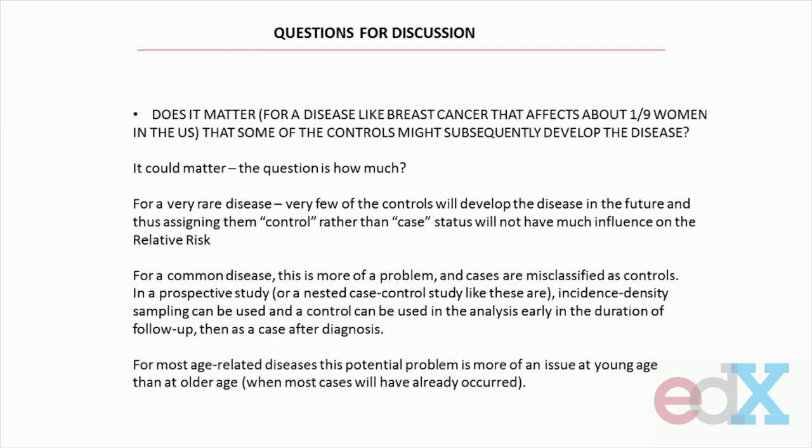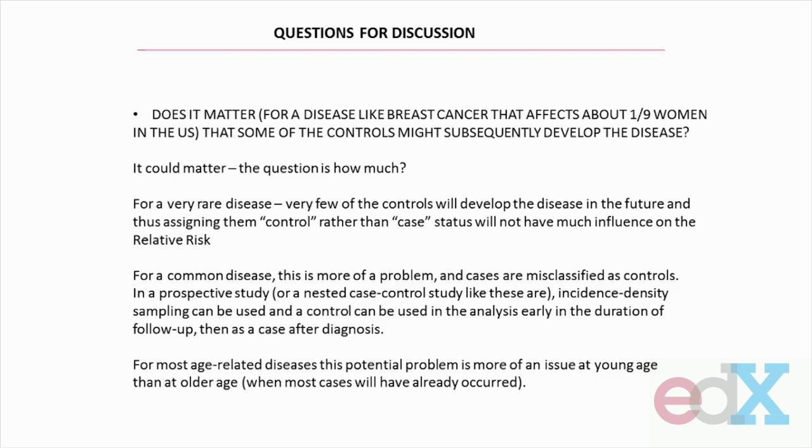For a common disease, something like high blood pressure or diabetes, or in fact breast cancer, then it could be an issue if you're calling men or women controls who subsequently go on to become cases. There are ways of dealing with this.